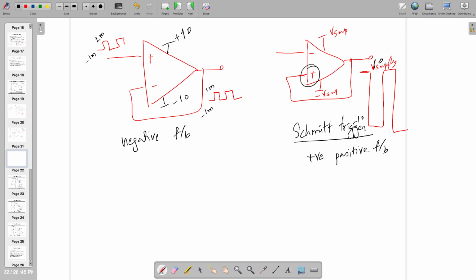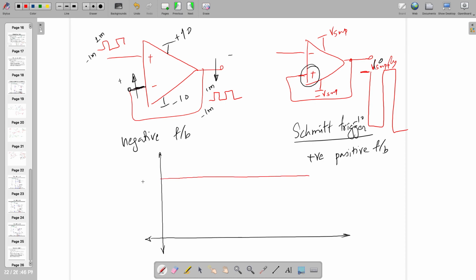Okay. So if you are interested in negative feedback, it means if I am applying a plus value at this terminal, the output should be minus. You can understand this. Let's assume that I have a remote control for the AC and I am setting the temperature at 27 degree.